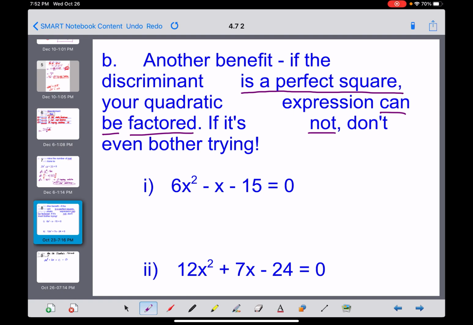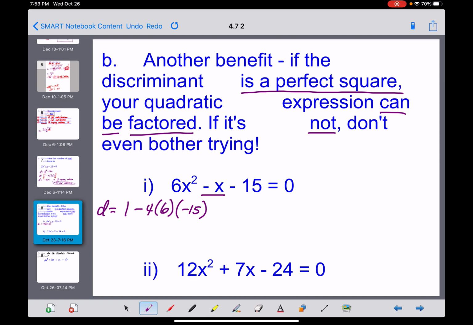Let's look at example 1, 6x squared minus x minus 15. Let's find our discriminant, guys. It's b squared minus 4ac. b is negative 1. Negative 1 times negative 1 is 1. And then minus 4 times an a value of 6 and a c value of negative 15.